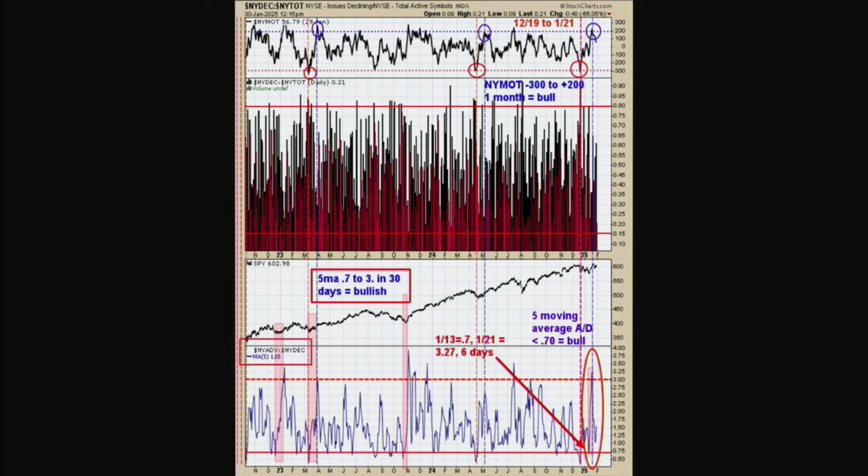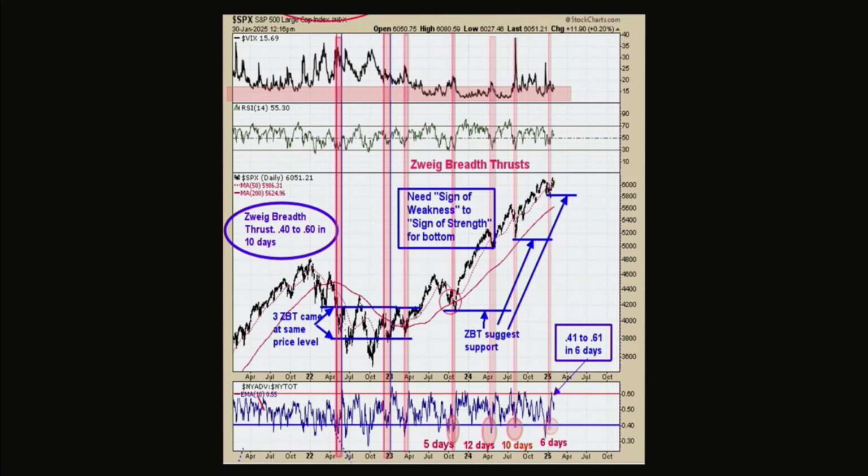So let's flip to chart 2. This is the Zweig breadth thrust indicator, advanced issues over total issues. You take a 10-day average, and you get the signal when it drops below 0.4 and rallies to 0.6 within 10 days.